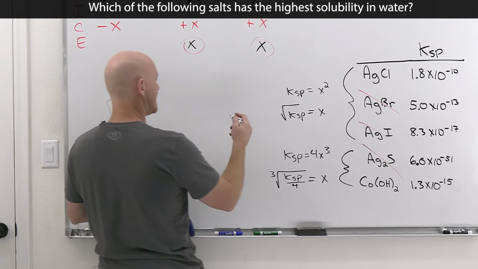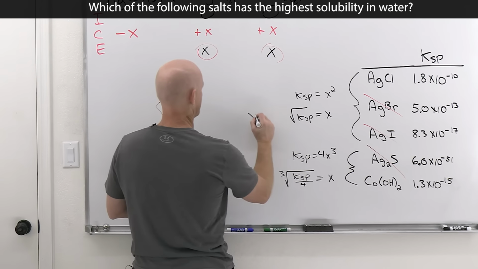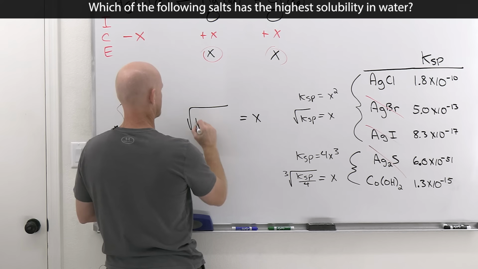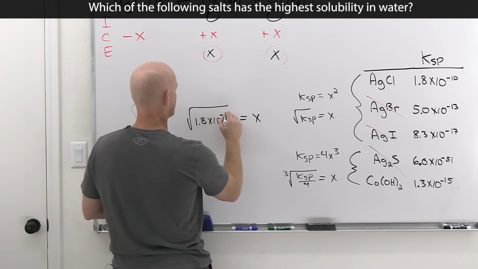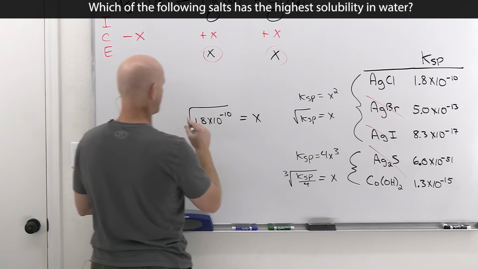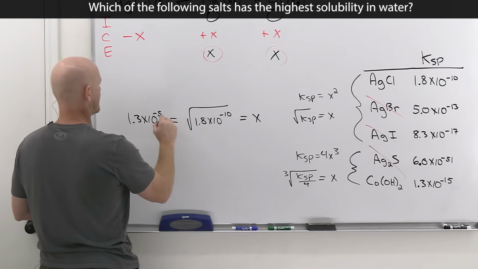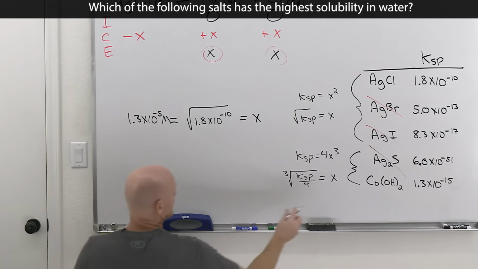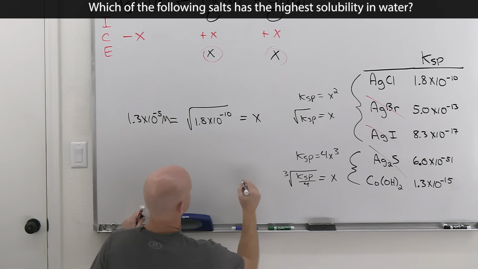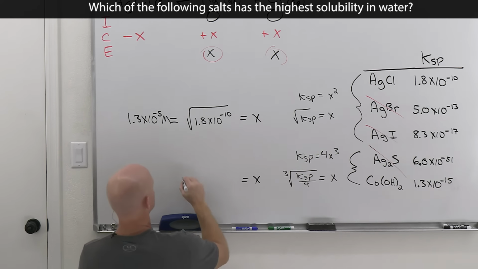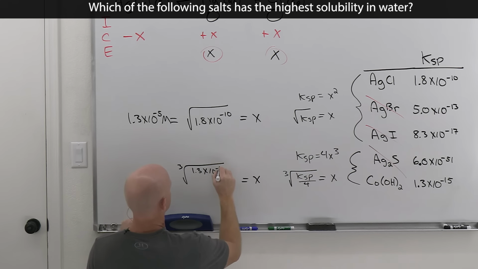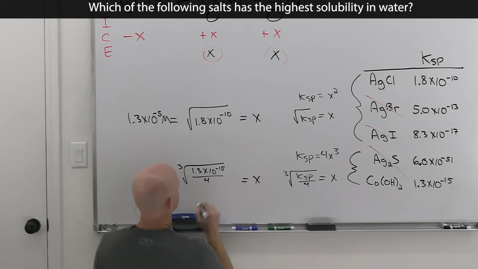So for AgCl here, we're just going to take x equaling the square root of 1.8 times 10 to the negative 10. And we already figured out earlier that that was going to equal 1.3 times 10 to the negative 5 molar. And in the case of the cobalt-2 hydroxide here, x is going to equal the cube root of 1.3 times 10 to the negative 15 over 4.